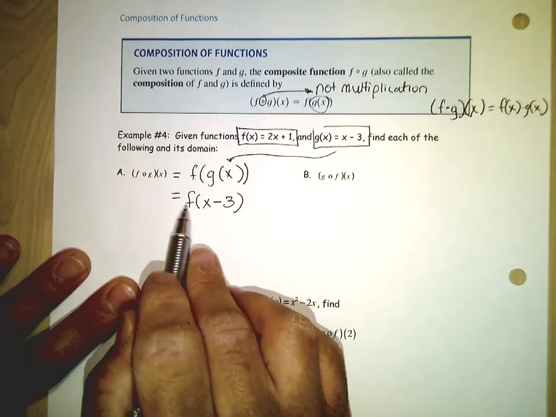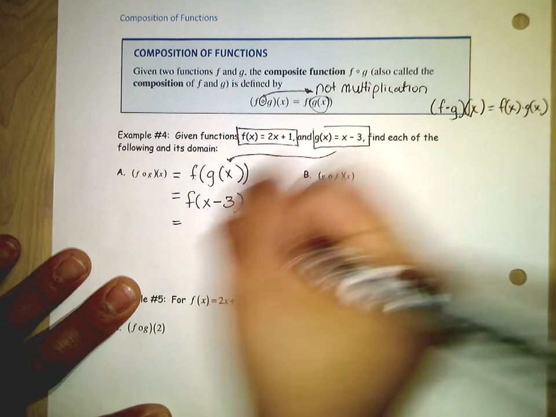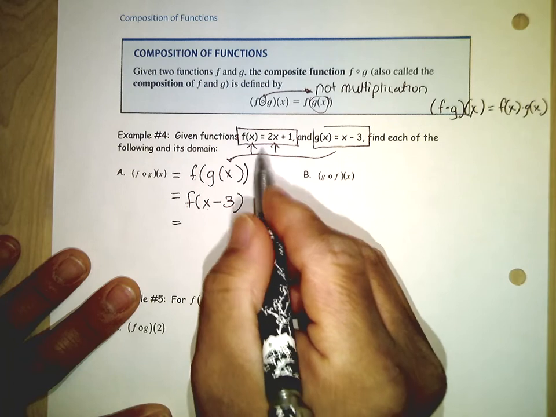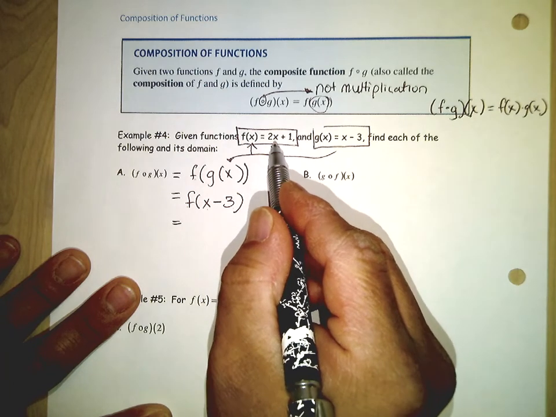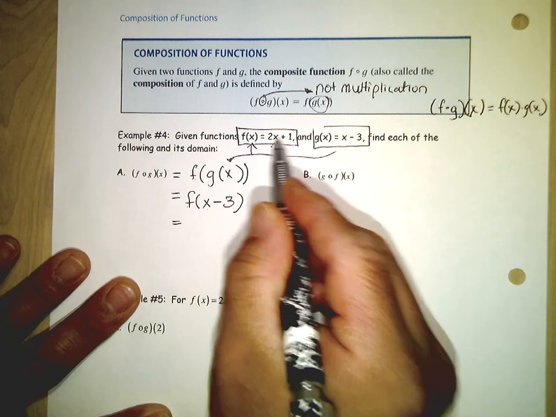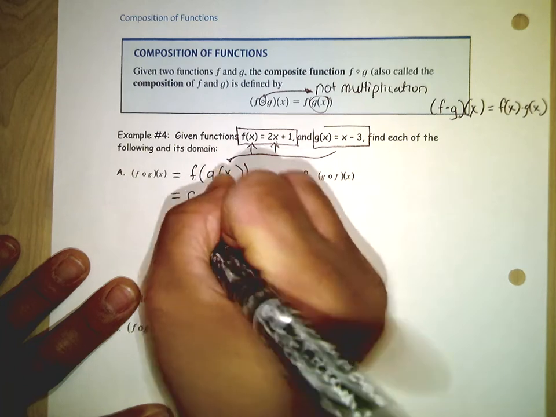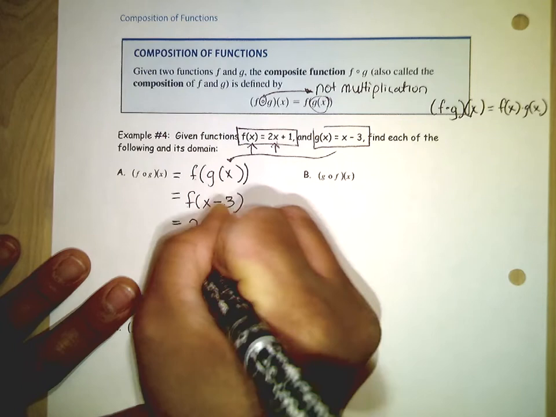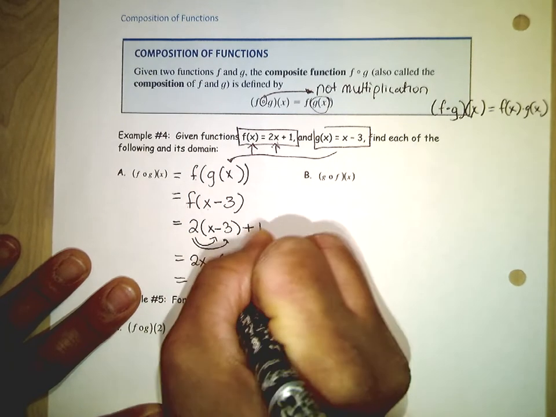So we have f of x minus 3, and then remember this was f of x, and we're going to substitute the x minus 3 everywhere there was an x in f of x, including putting the g in parentheses so that we don't forget to distribute. So that will be 2 times x minus 3 plus 1. Distribute to get 2x minus 6 plus 1. Combine like terms to get 2x minus 5.